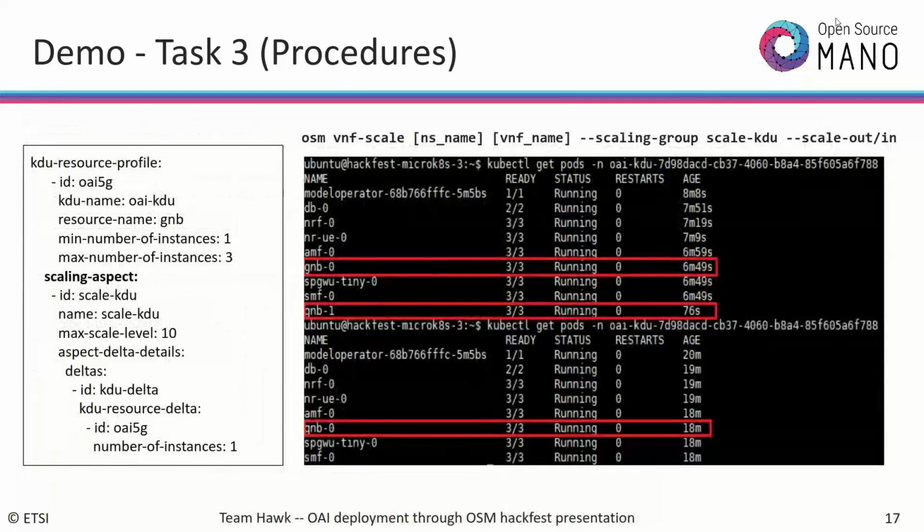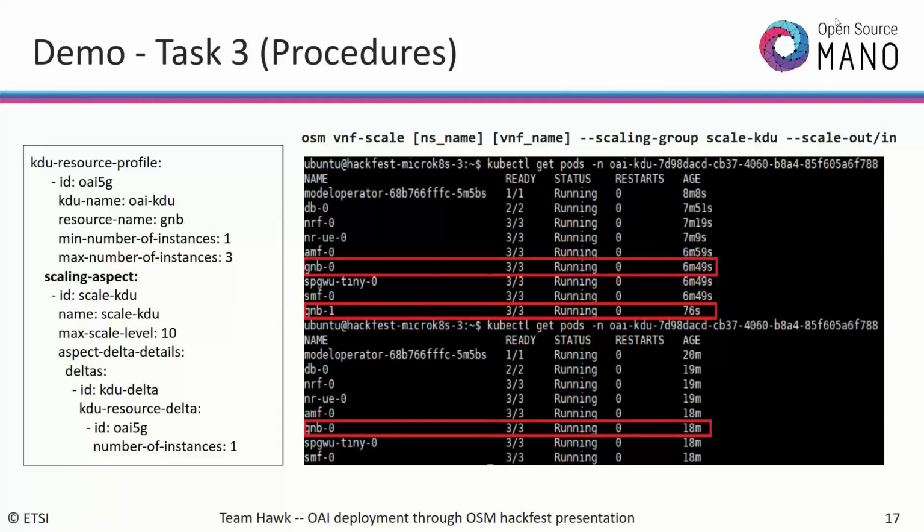Okay, here we see the scaling aspect that we didn't mention before. Here we define the scaling aspect. We define the minimum number and maximum number of instances we can scale. In this case, we define that we want to scale the gNodeB, as we can see here in the resource name.